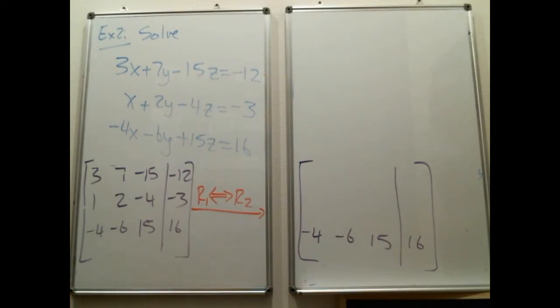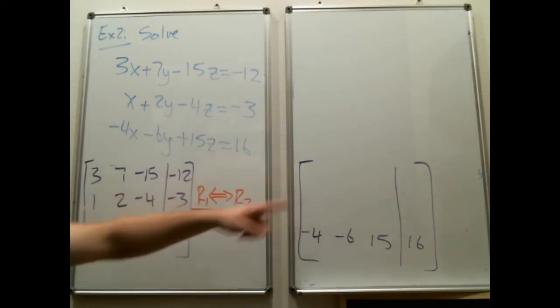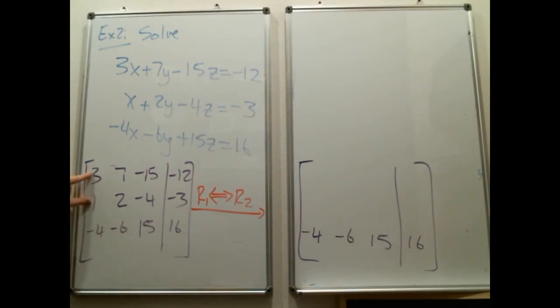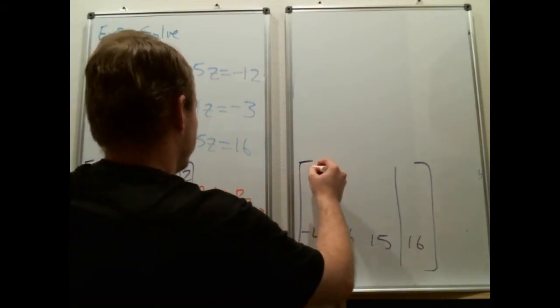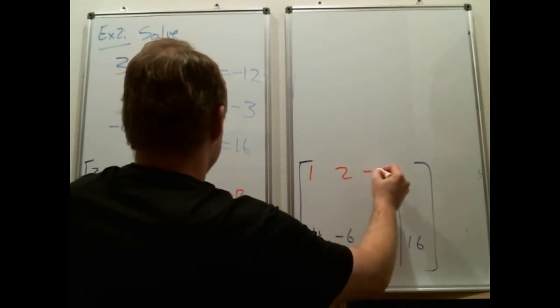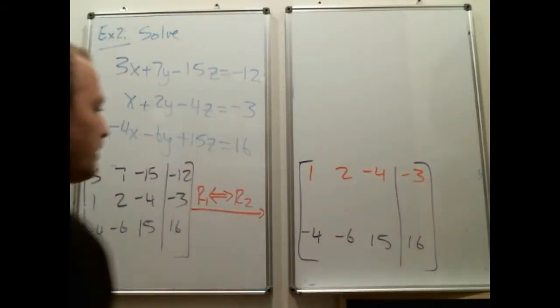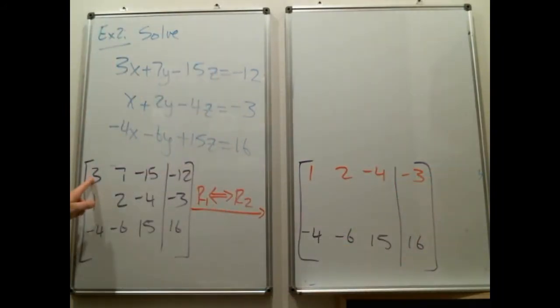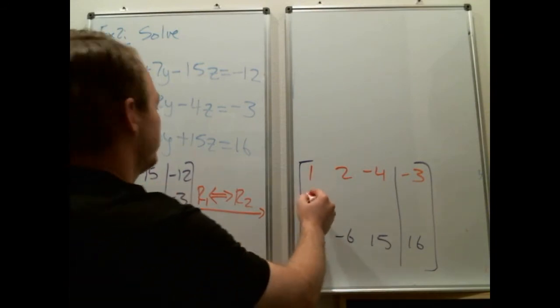Now rows 1 and 2 are changing. We're interchanging row 1 and row 2, so these are just flip-flopping. Row 1 is now 1, 2, negative 4, and negative 3. And row 2 is 3, 7, negative 15, and negative 12.